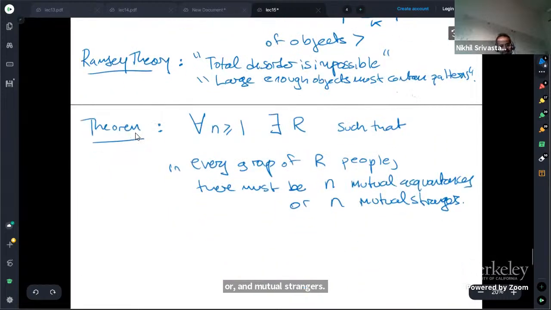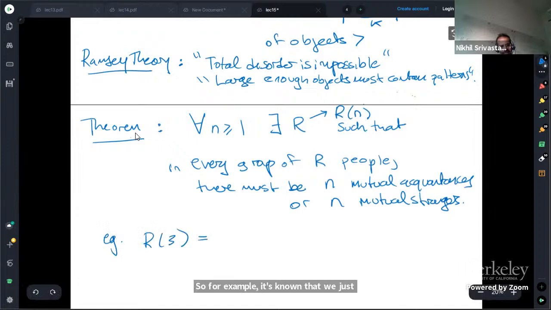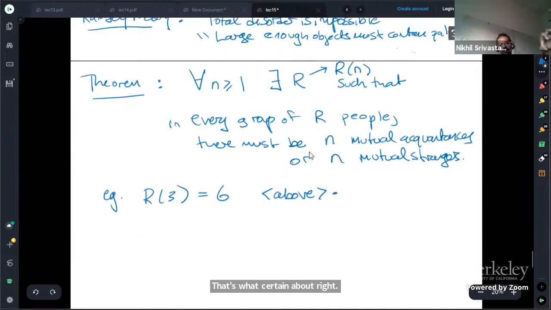Okay, so what that means is that you can think of this r as now a function r of n. For every n, if you look at a large enough group, you'll see this pattern involving n people. So for example, what we just showed is that r of 3 is 6. If you take 6 people, you always find a triangle of people who all know each other or who don't. It's known that r of 4 is 18.